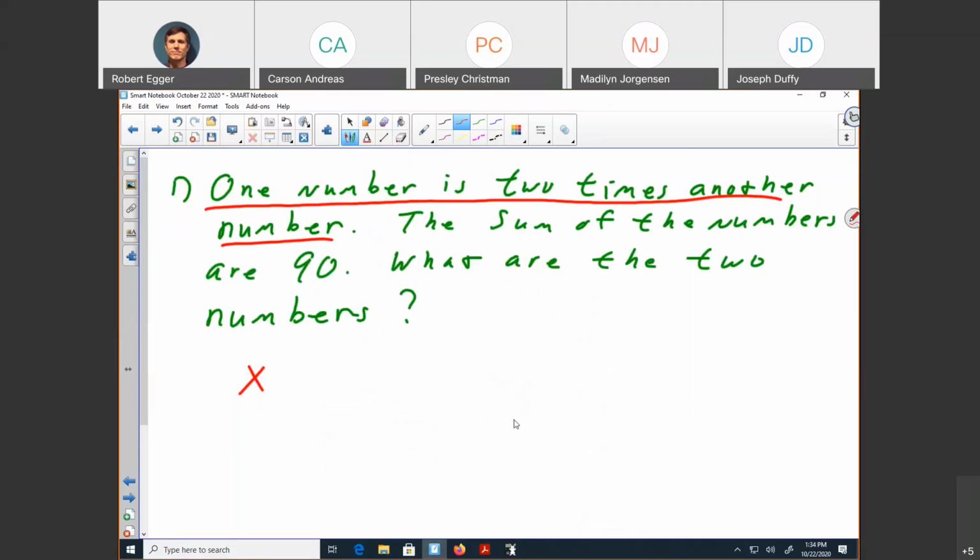So one number is 2 times another number. Well, it's not the same number, it's a different number. But what number? I don't know. Let's call that guy y. So whatever y is, x is twice as big.